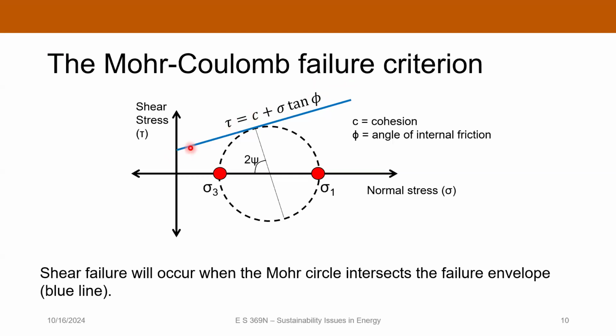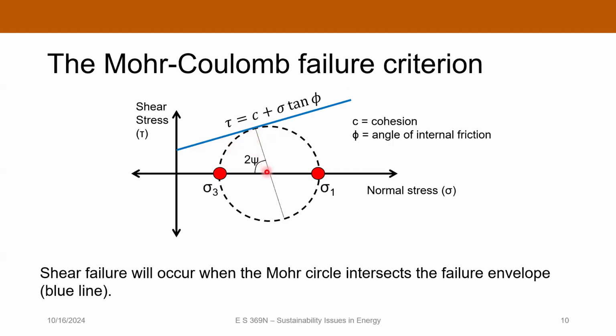So this failure criterion is always going to be defined for the material in question, because the cohesion and the angle of internal friction are going to be intrinsic material properties of that rock or whatever you're drilling through. You're only going to have failure when you are at a state of stress where the Mohr circle is tangent to this line at a single point, or I guess the line is tangent to the Mohr circle at a single point.